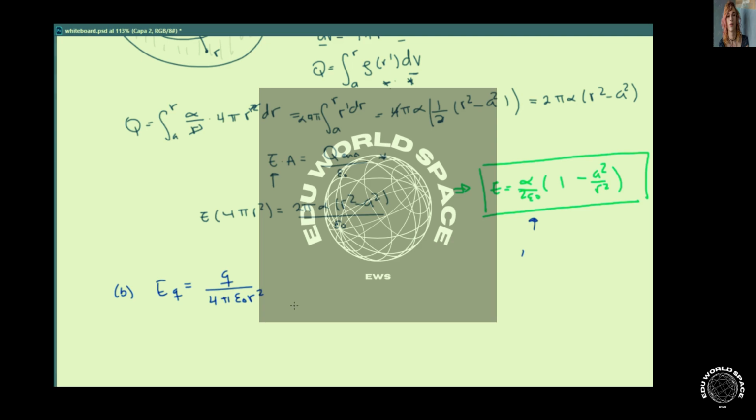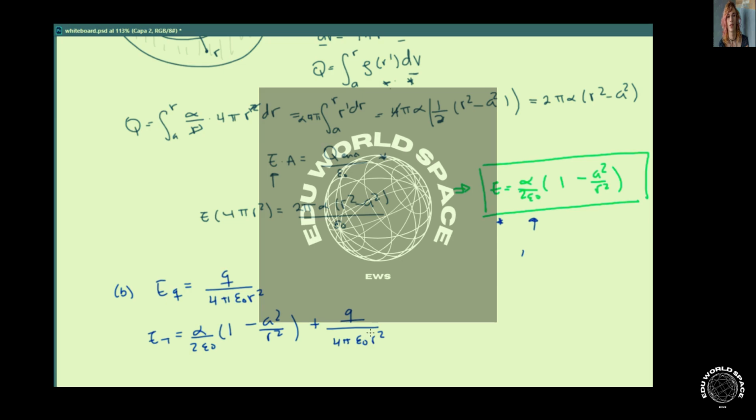So the total electric field is the electric field I had originally, alpha over 2 epsilon 0 times 1 minus a squared divided by r squared, plus the electric field of the charge, Q divided by 4 pi epsilon 0 r squared.